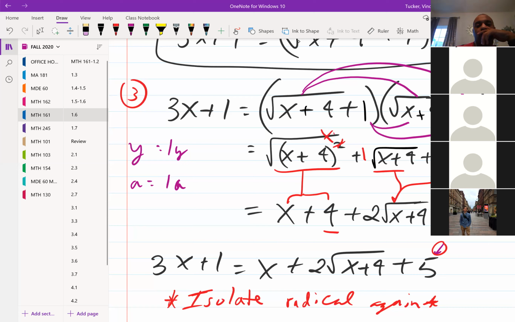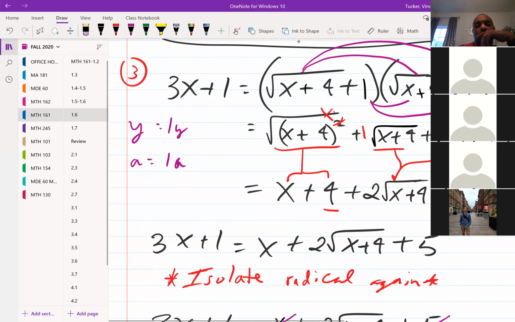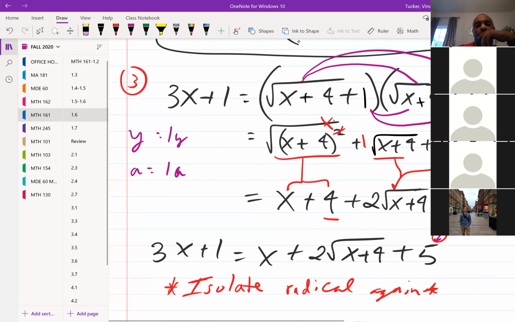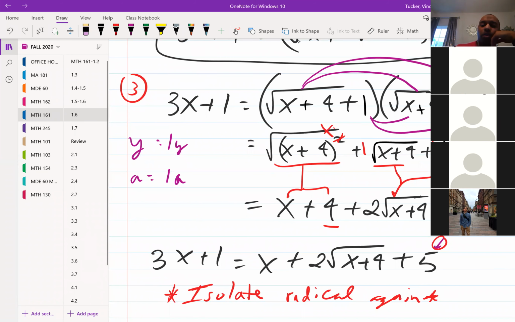All right, and scroll up. All right, so notice that we have a radical that still exists. So we're going to have to isolate the radical once again.